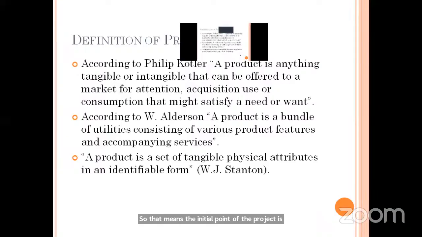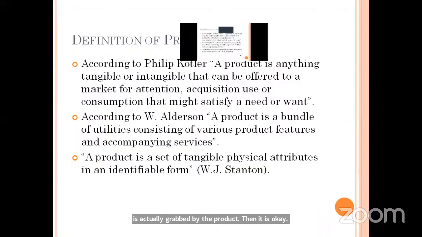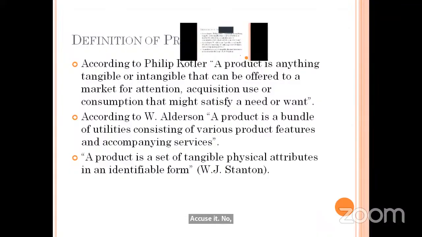While you're seeing a car, you feel attracted. That means the customer's attention is grabbed by the product. Then the second one is acquisition and use. That means you try to buy it, acquire it. Now it comes to your ability to pay to buy the product.